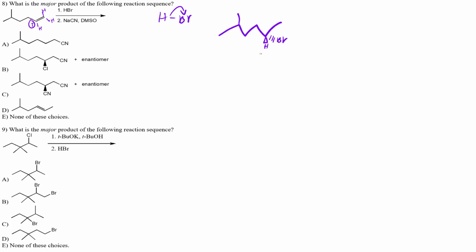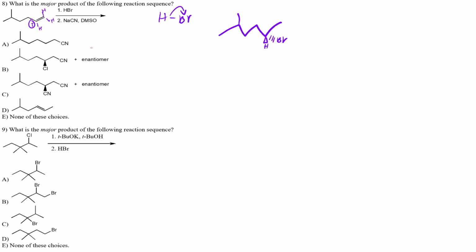Now in step 2, we have sodium cyanide. Sodium cyanide is negative, right? So you would actually do an SN2 reaction. It's also an aprotic solvent, dimethyl sulfoxide. You just need to know that DMSO has no hydrogens to give up, so it's going to be aprotic.